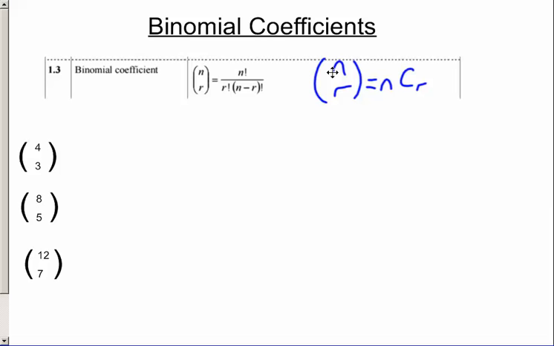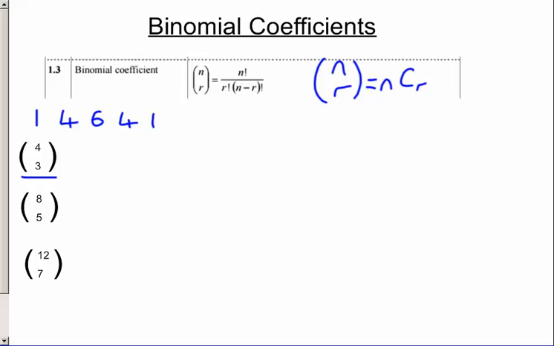So for example, if we were looking at (4, 3), which is the one over here, we're going to look at as an example, that meant it was in the fourth row of Pascal's triangle, and the third element in that row, remembering we started at 0. So the fourth row is 1, 4, 6, 4, 1.